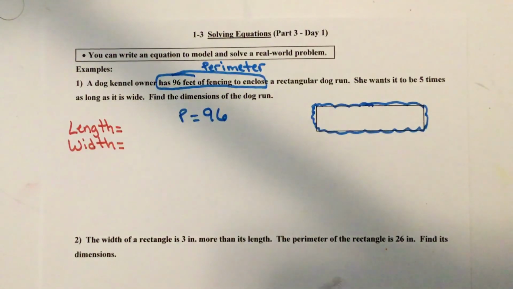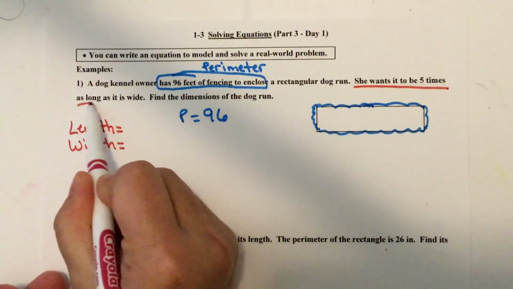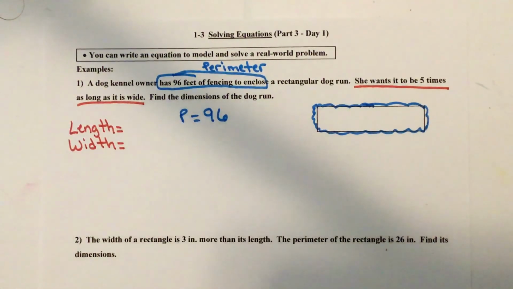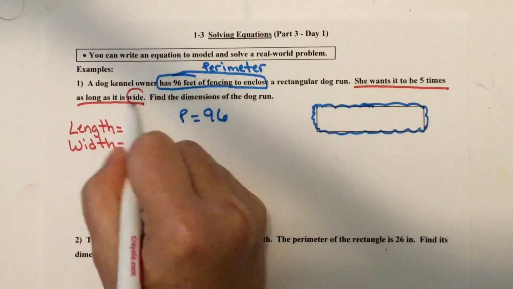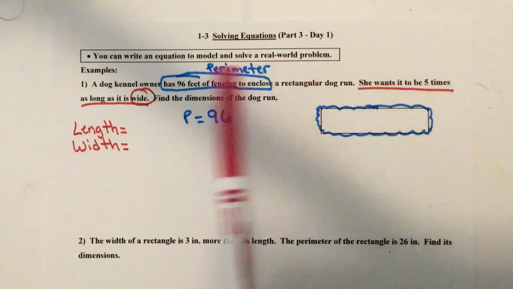Okay, in this sentence here, it says she wants it to be 5 times as long as it is wide. In all of these problems, there's going to be something that doesn't get a description. It's just barely mentioned. She wants it to be 5 times as long as it is wide. And it's the width that's not described. I know that it's supposed to be 5 times as long.